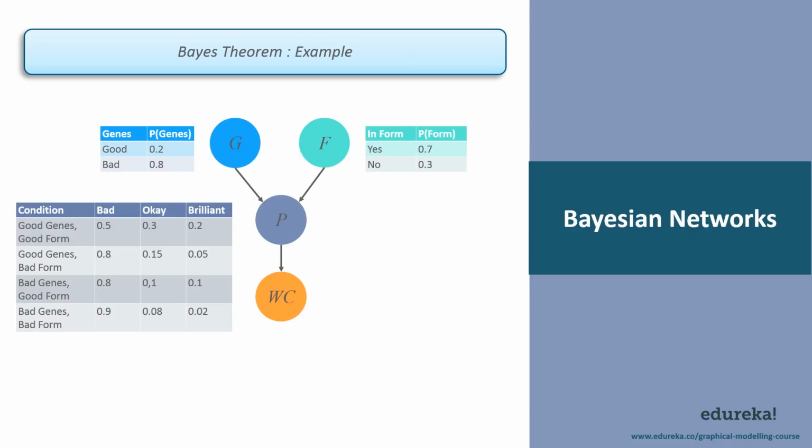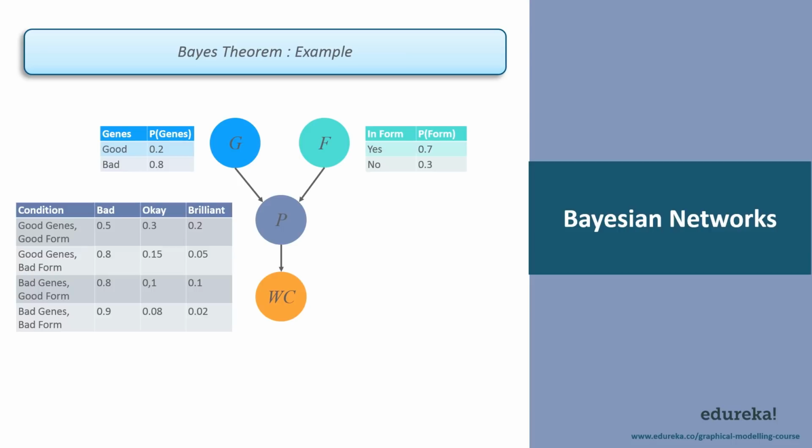So now we're going to discuss the conditional probability for a variable that we know has a parent. Now we have to take in 4 cases because there are 2 cases for the genetic inputs and 2 cases for the form, and both of these variables are independent of each other. So we have to take all the possible combinations. I have given it 3 outcomes, which are bad, okay, and brilliant.